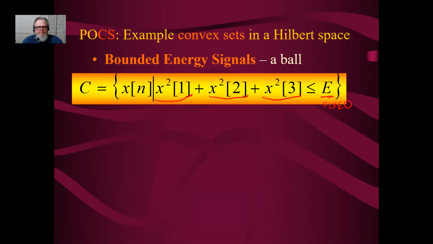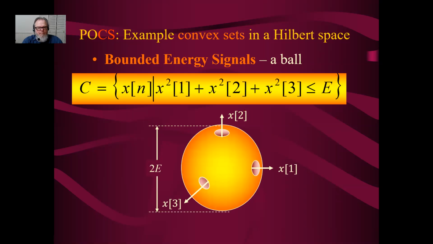And I think you can see immediately that this equation forms the equation for what? A ball, right? Everything inside this sphere of diameter 2e is within the convex set.